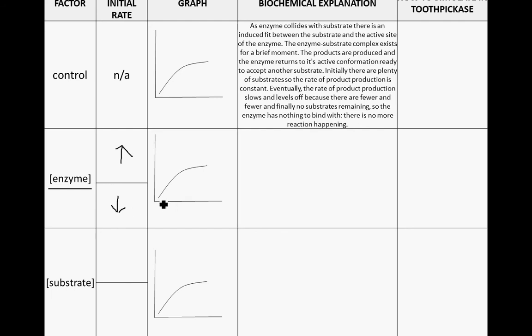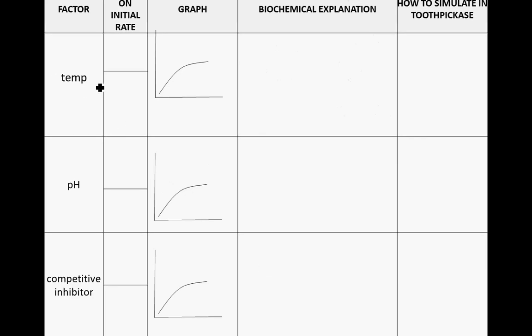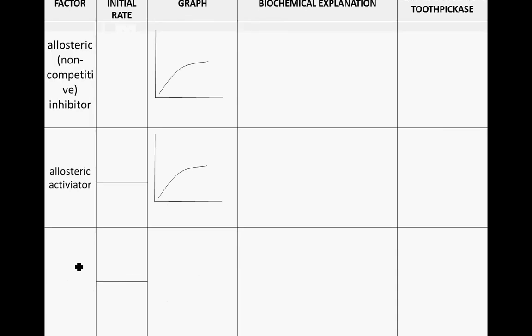This is the graph. If you jacked up the enzyme concentration, what would this look like? What goes on this axis? What goes over here? And then your explanation. Same thing then for substrate and your explanation. Temperature, what would happen? pH, competitive inhibitors. We'll get to all these things in another one.